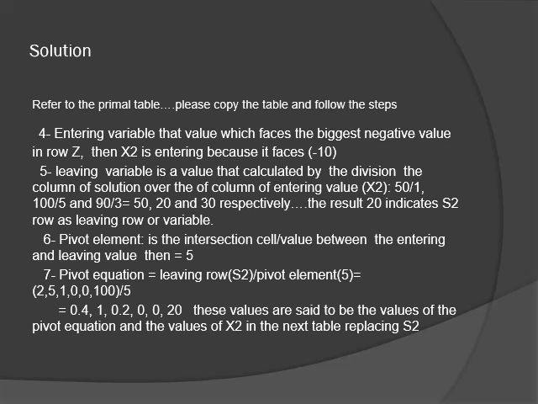This is known as the pivot equation, or the values of x2 in the next table replacing s2. S2 will be kicked out. Instead of s2 we will replace it with x2.